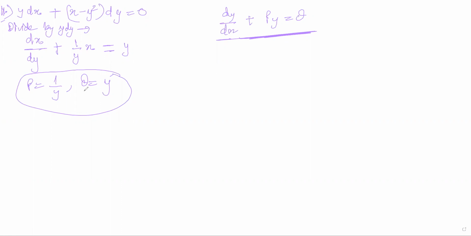But you can. The first thing you should check is whether you can take all the y with dy and all the x with dx or not. Yes, sir. It's coming dy by 1 plus y whole square. Correct.